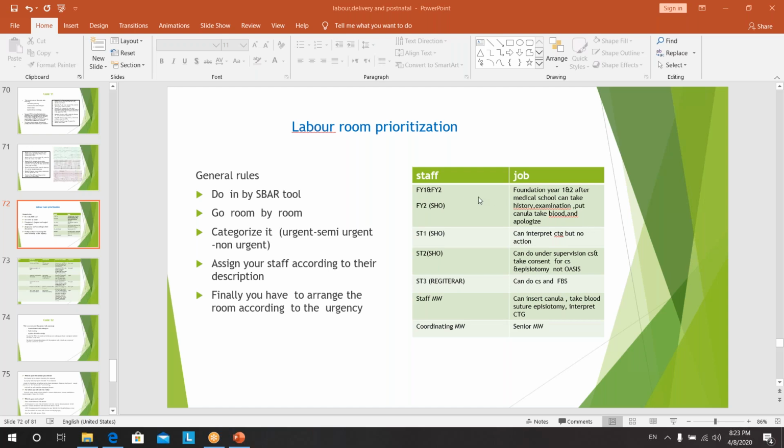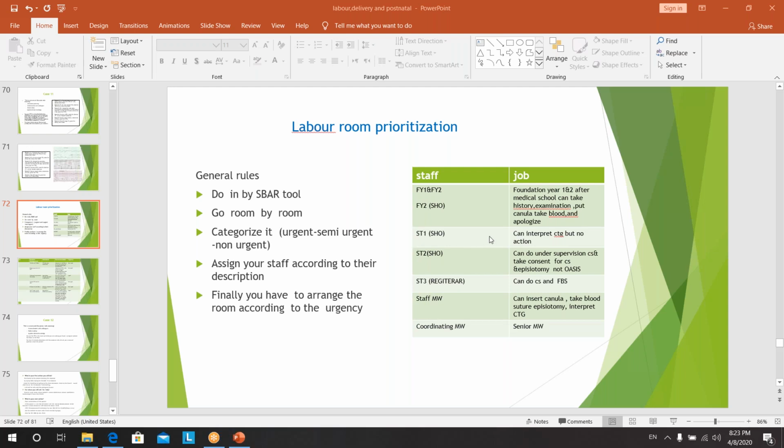This junior doctor can take history, do examination, insert the cannula, and take blood tests, which is very useful. After that, there will be ST1, ST2, ST3, ST4, and ST5.